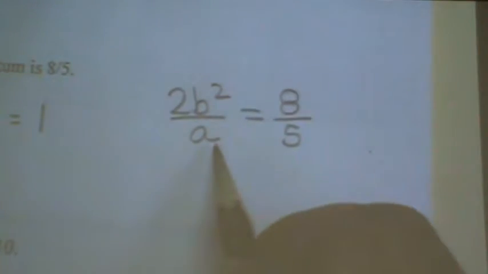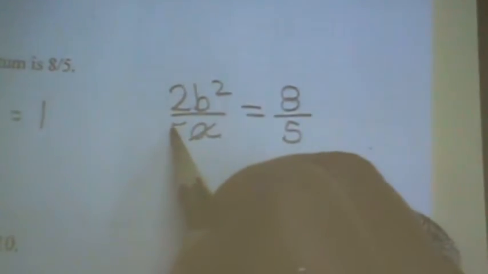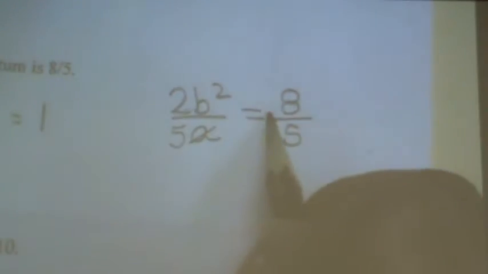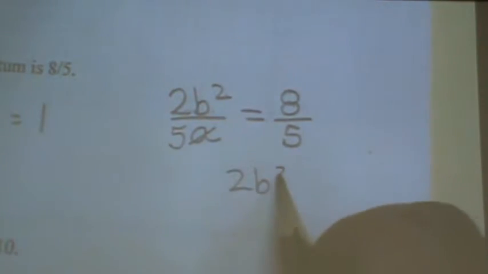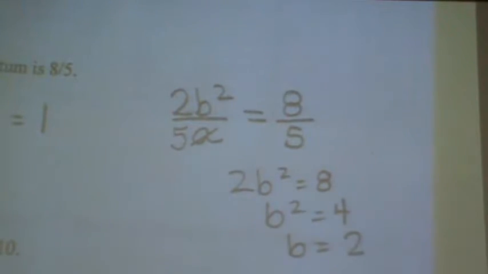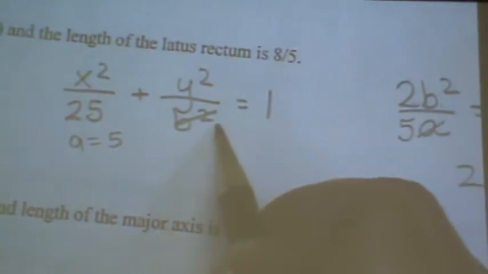If you put a 5 right here, what you have is 2b squared equals 8. Divide by 2. And what's B? 2. So underneath here, you're going to put 4.